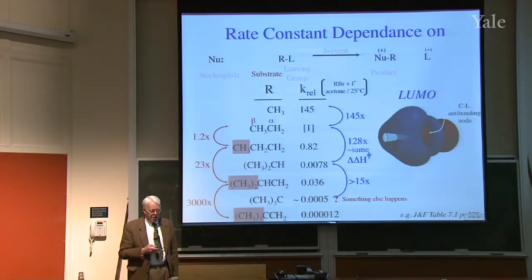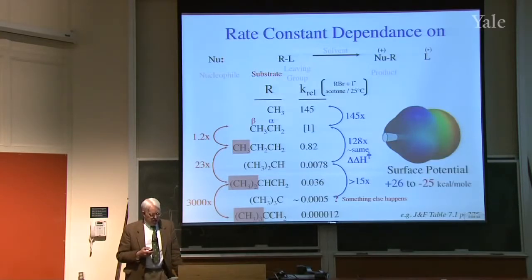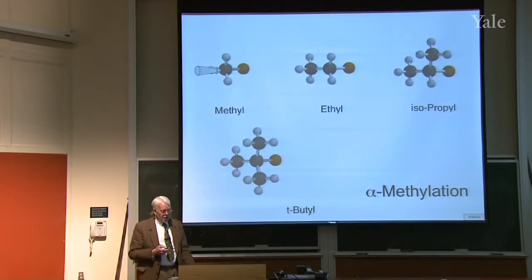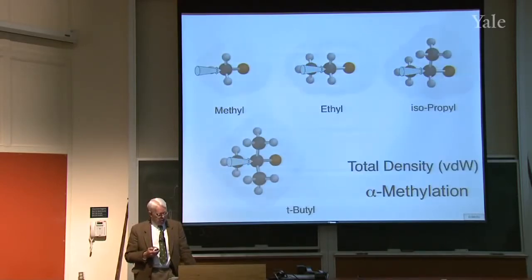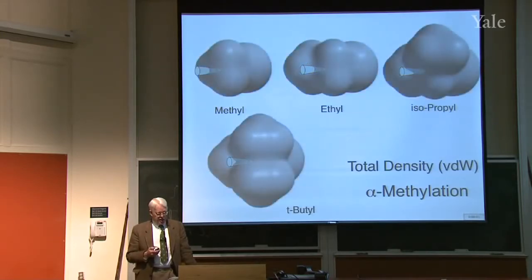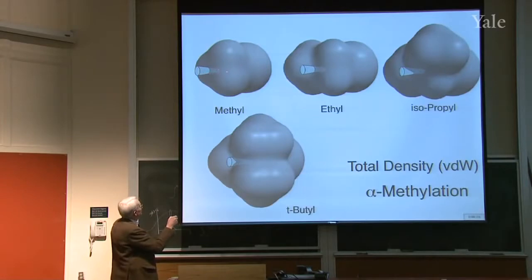There's that between the red and the second blue is the anti-bonding node that's going to break. Okay, here's the surface potential, right? And the blue area is the good place to put an anion, so that makes sense. Now, so we have methyl, ethyl, isopropyl, and T-butyl, right? Let's look at the total electron densities. Notice methyl, the arrow gets there okay.